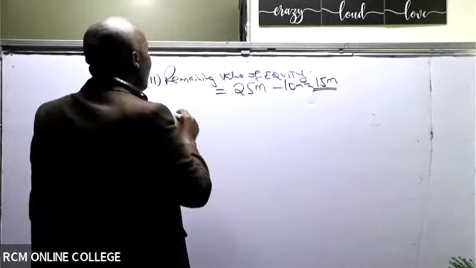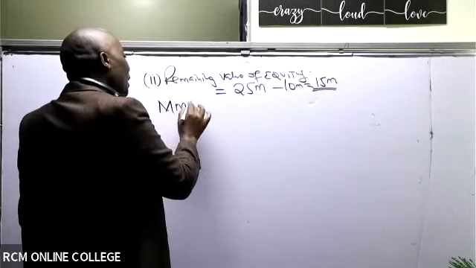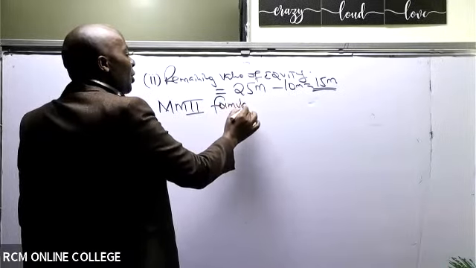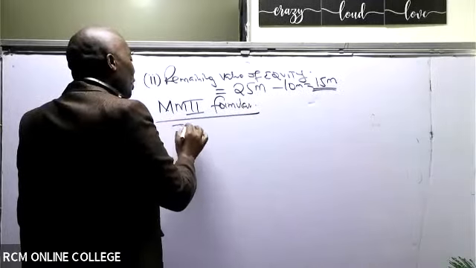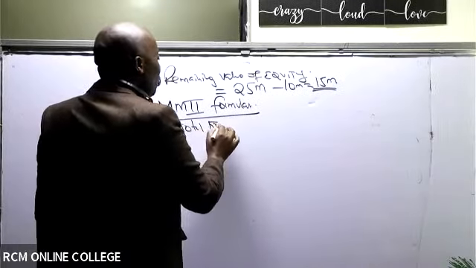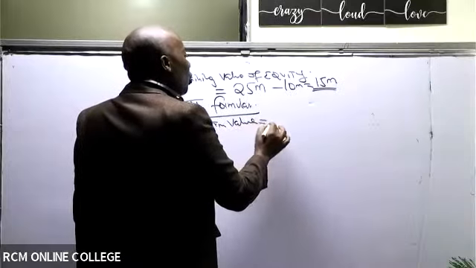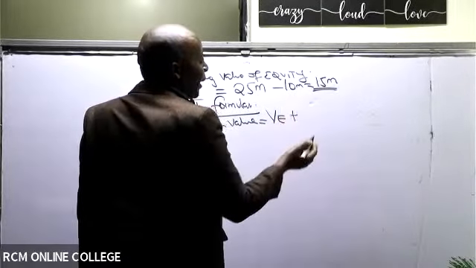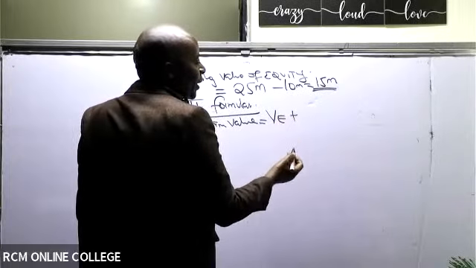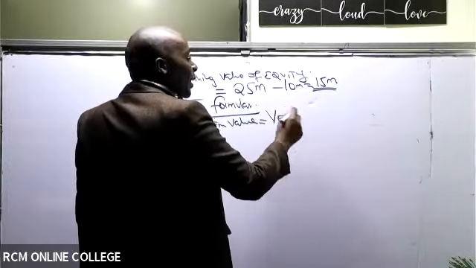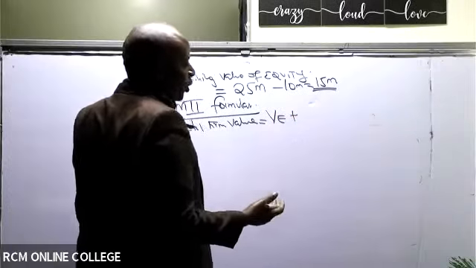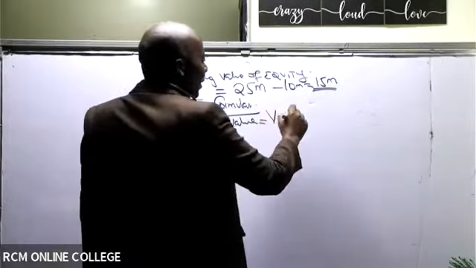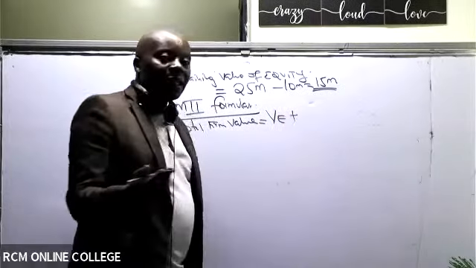And we know the Modigliani-Miller 2 formula. Total firm value will always be equal to value of equity plus value of debt, plus, of course, the debt tax advantage, DT, although we don't have tax here.